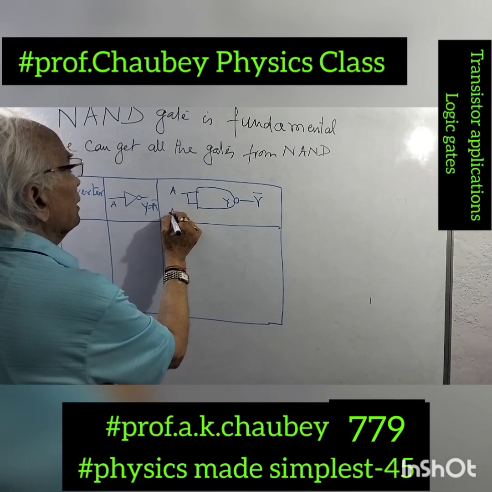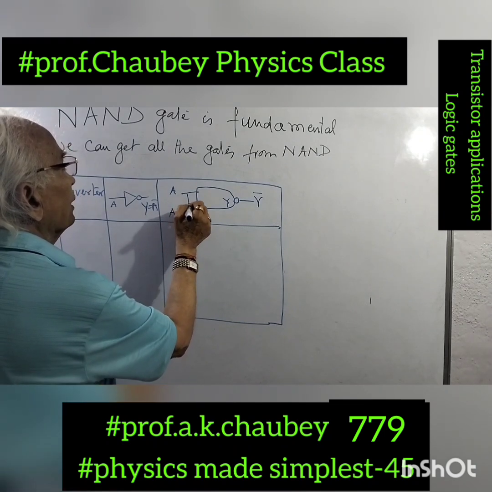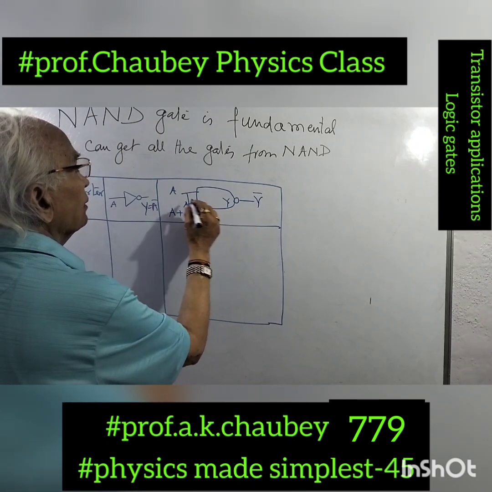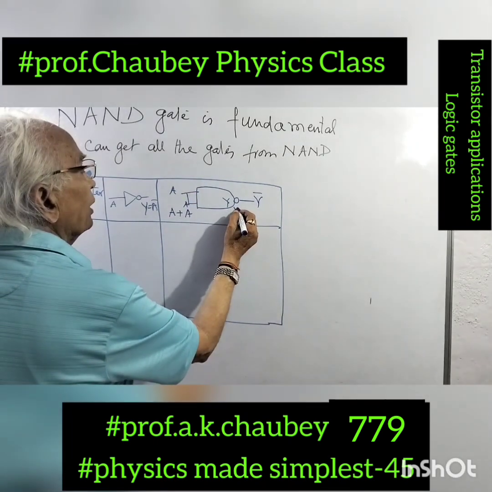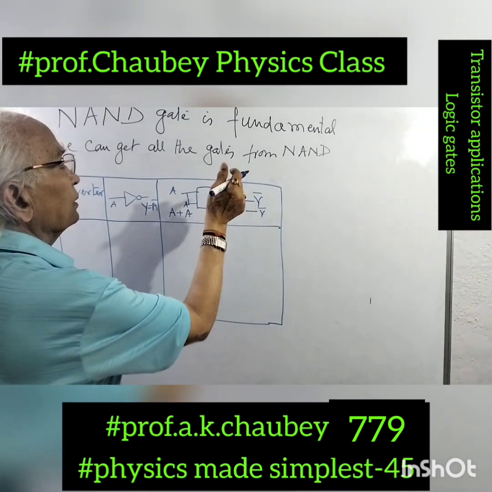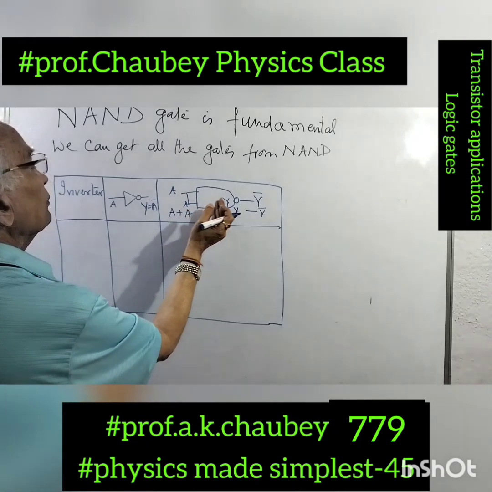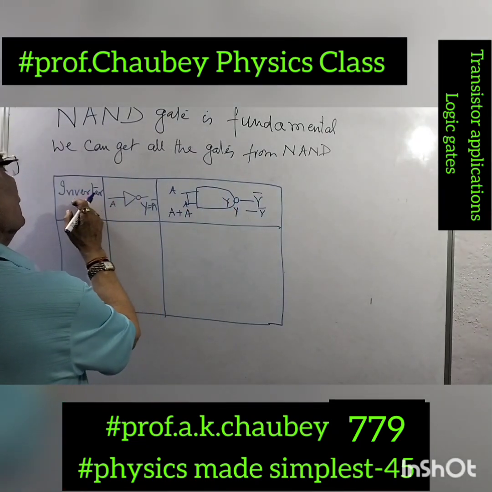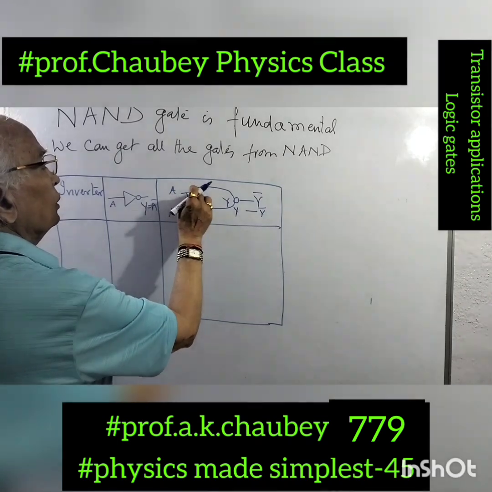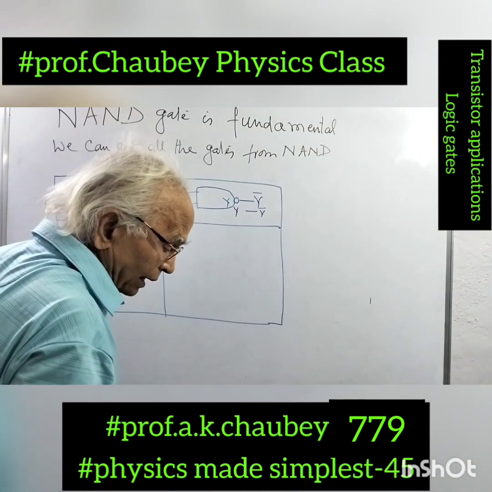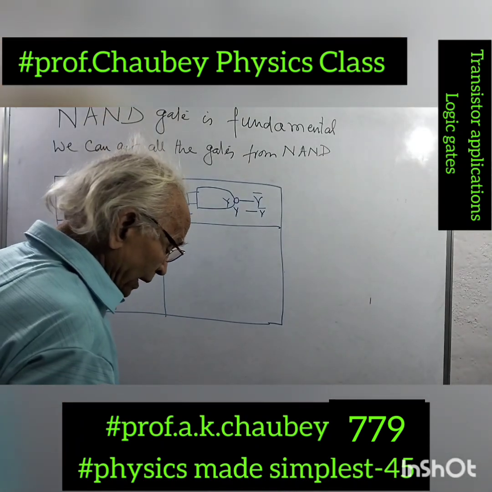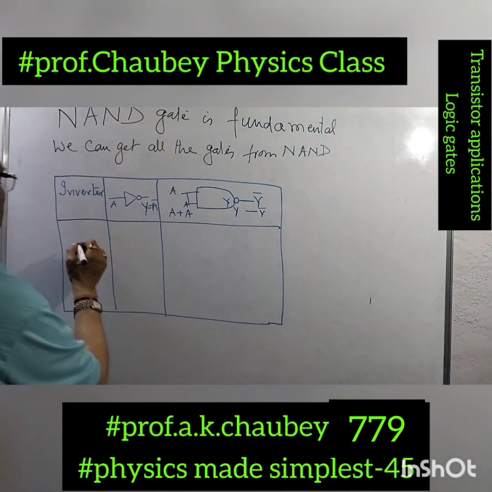Means A plus A, both are A. This is also A, one input. Here we get output Y, and then here we get Y inverse, because this inverter is there. So NAND gate reduces to inverter when we join the two inputs like one. Then we get inverter from the NAND.